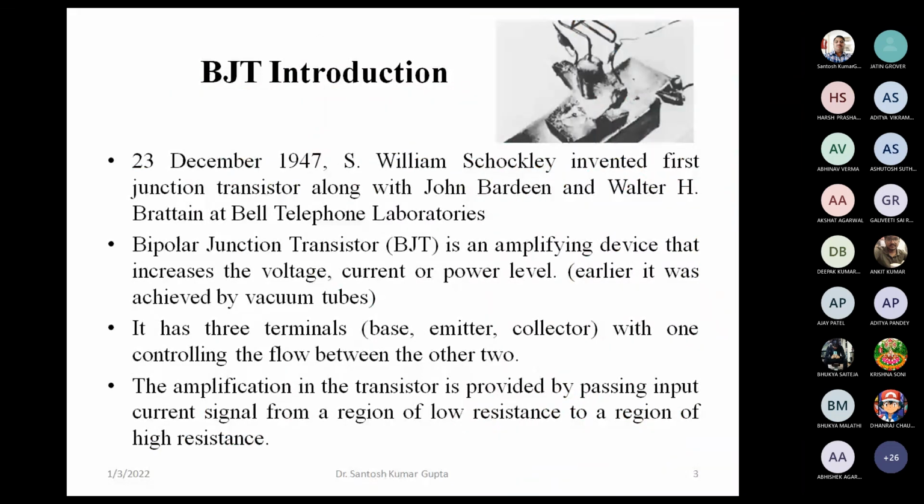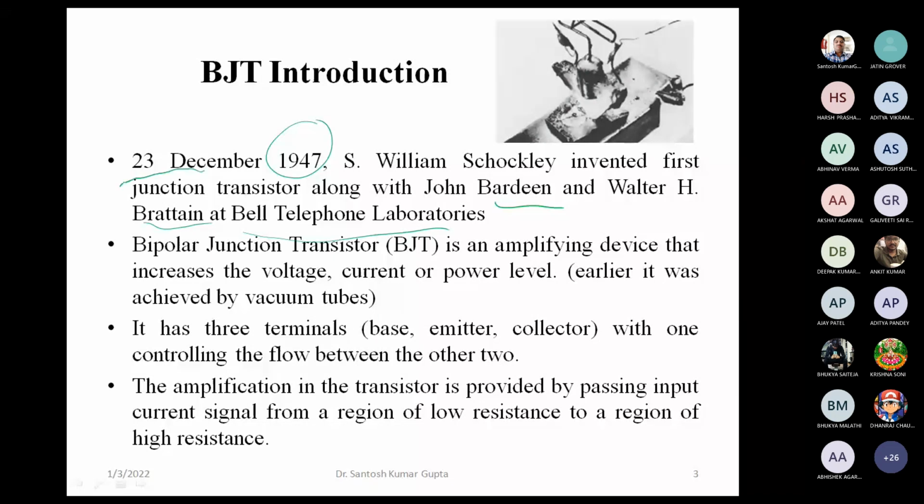Let us indulge a little bit in the history here. It was William Shockley along with Bardeen and Brattain at Bell Telephone Laboratories in 1947 who first invented something called a junction transistor.